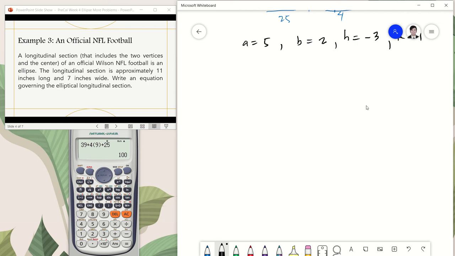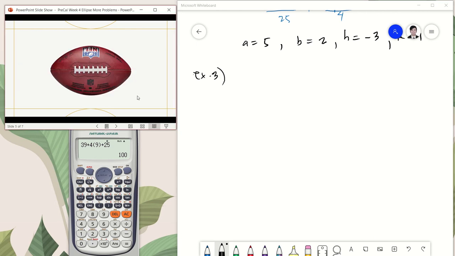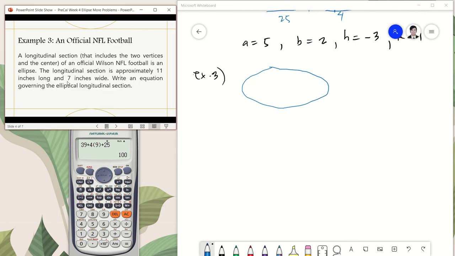So imagine we have a ball like this. Okay, that's how it looks. Sorry if my drawing is not good. Okay. So, what was said in our problem is 11 inches long, meaning 11 is longer than the 7.